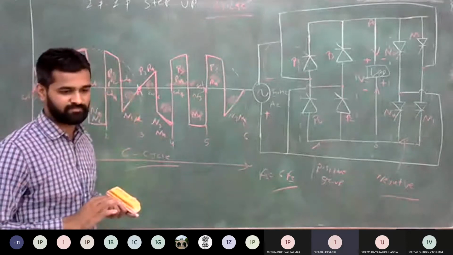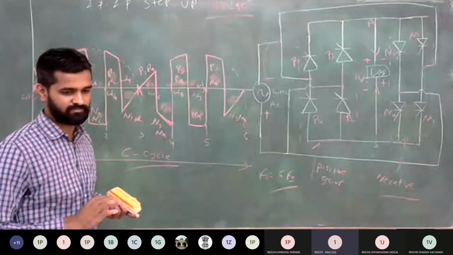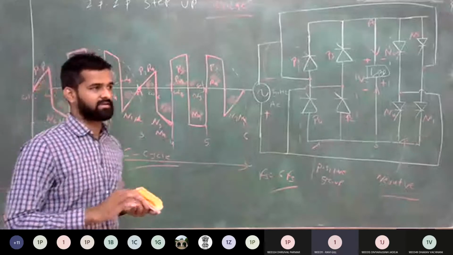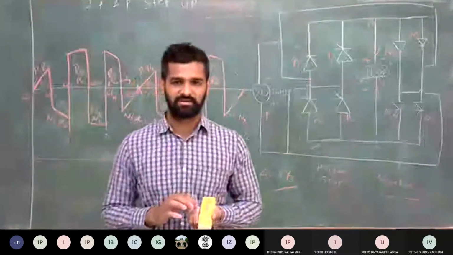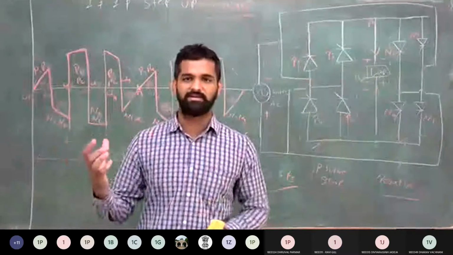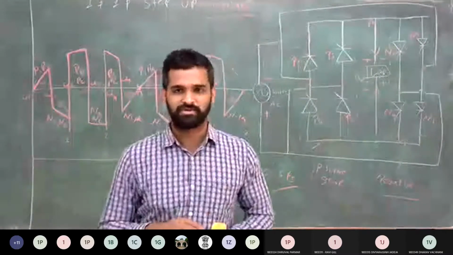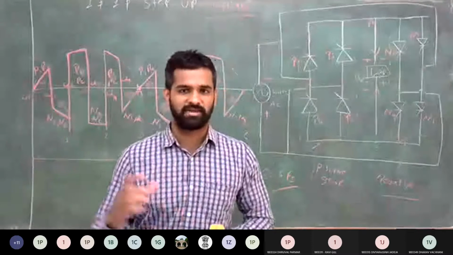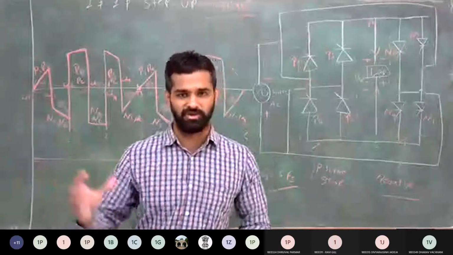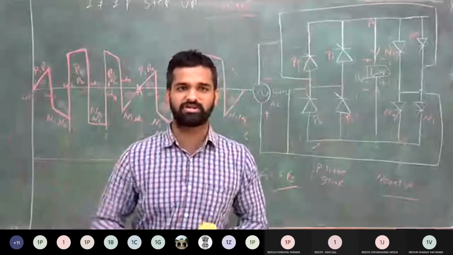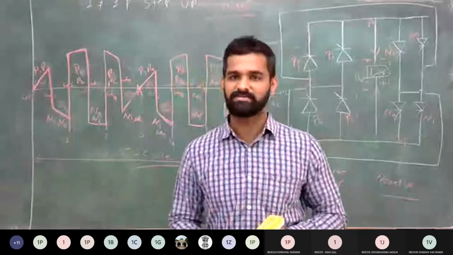So what are the applications of step-up cycloconverter? See, where we require the higher frequency, as we see in different applications, for example the speed control of the AC motor. Clear? So, as you know, suppose in the industry you use the synchronous motor. The synchronous motor speed depends upon what? Frequency.